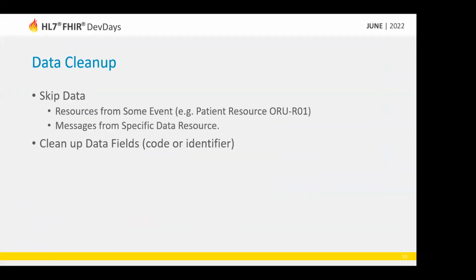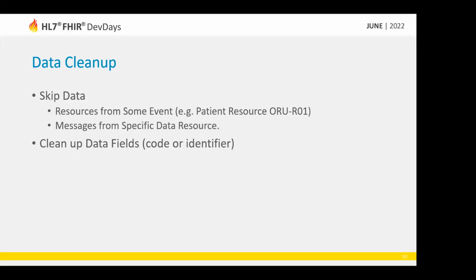We receive millions of HL7 messages per day, but not all the data has the same weight. For example, the patient or encounter resource coming in the ORU or VXU events are not considered to be source of truth. So we may skip the resource coming from the message. We're using the conditional insert in this case.